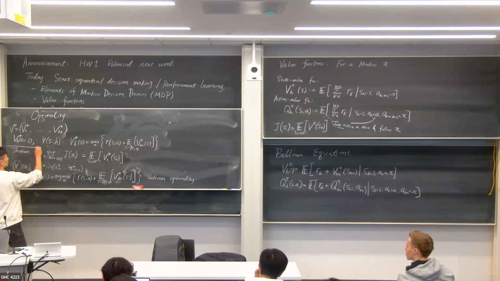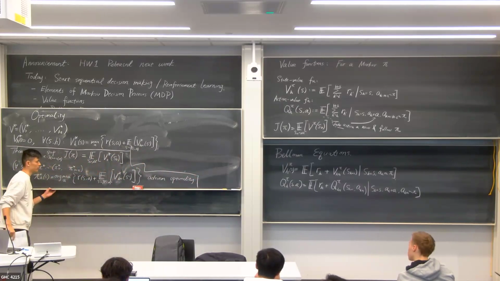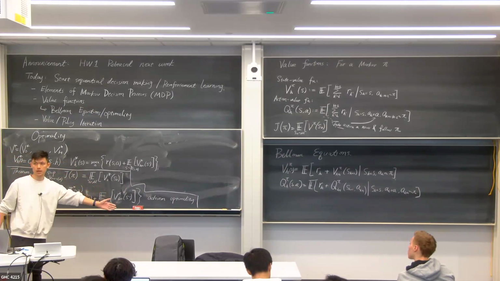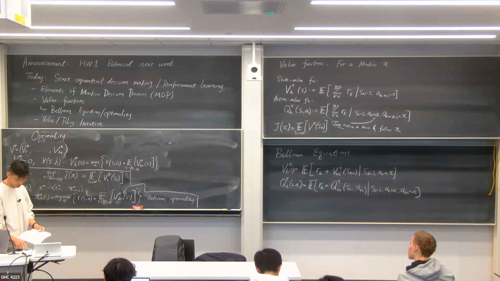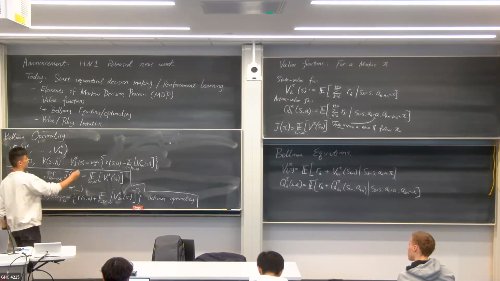Okay, so this is a theorem. The theorem really just says that being Markovian and greedy with respect to this recursive equation is optimal. There is an analogous definition in terms of Q. This sort of equation is called the Bellman optimality equations.